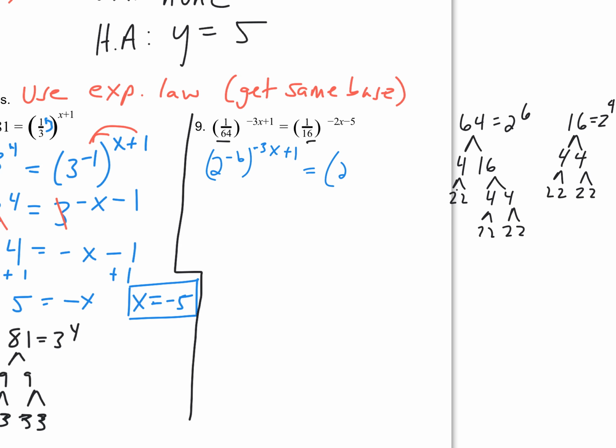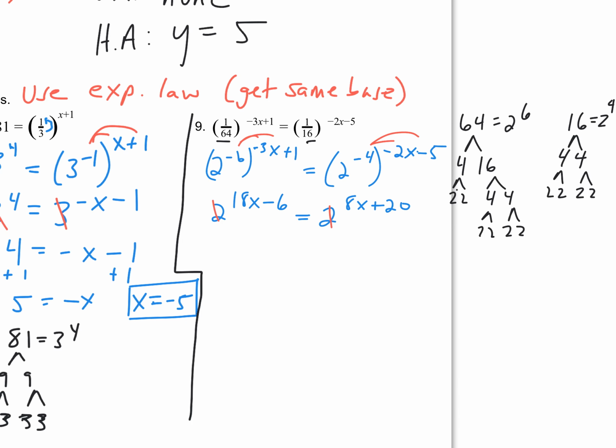And this is actually 2 to the negative 4th. We need to distribute. So 2 to the 18x minus 6 equals 2 to the 8x plus 20.